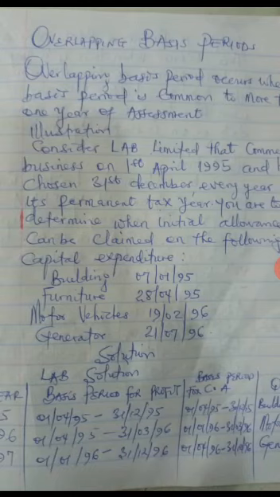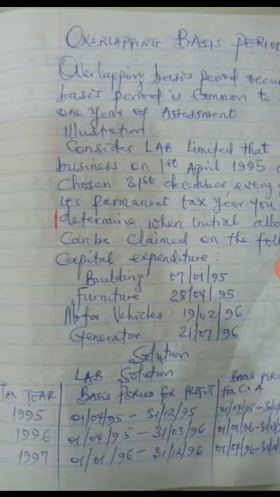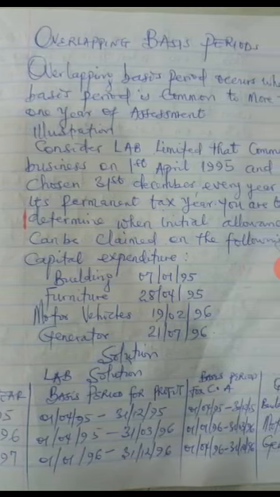It simply means that on every 31st December, that is when they close this account. So on the preceding year basis, we check the time the business draws up account, then we count 12 months back. So on that note, we have the 1st of January down to the 31st of December 1996.